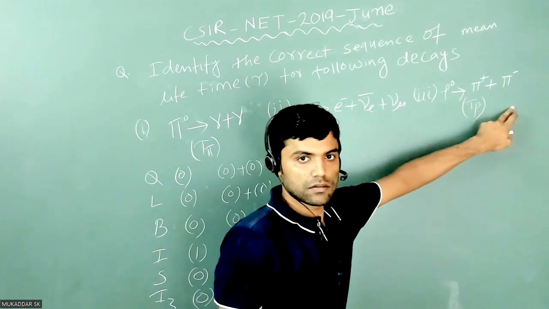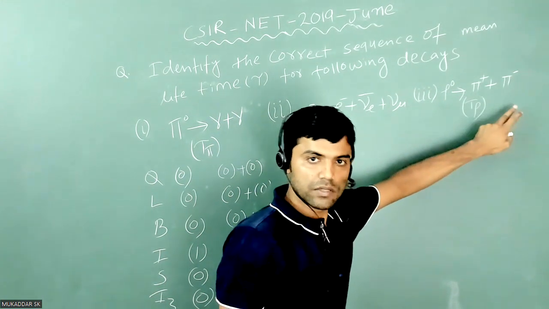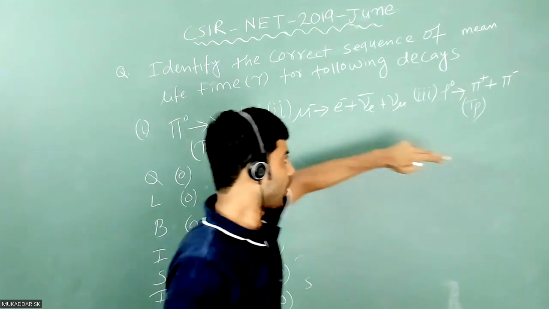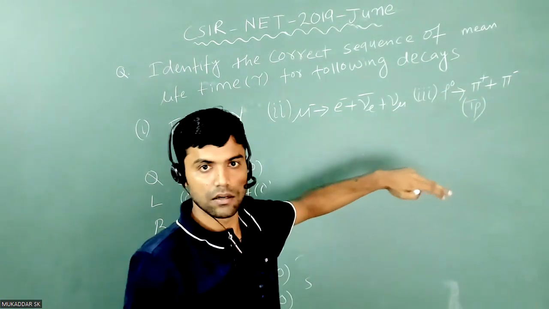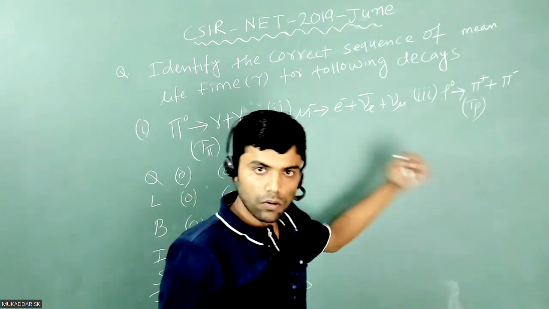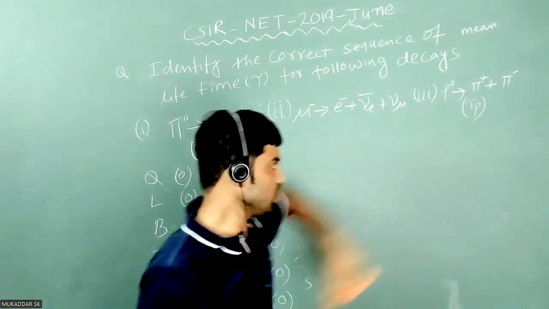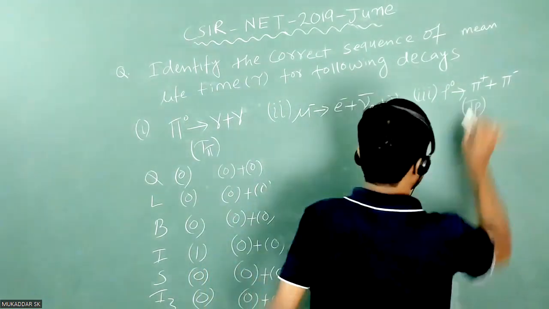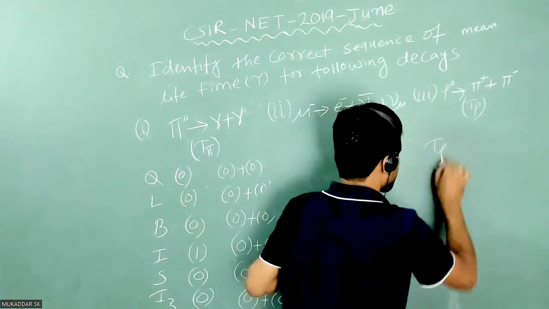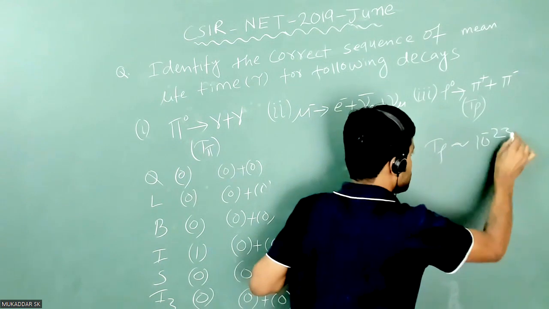Pi plus and pi minus are also mesonic particles, and these are scalar mesonic particles. Whenever all particles are mesonic in any interaction, that means the interaction is allowed through strong interaction. So the mean lifetime of this decay process, noted by T rho, will be approximately 10 to the power -23 second.